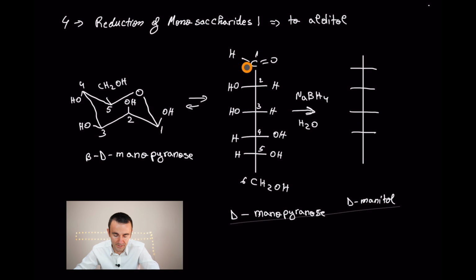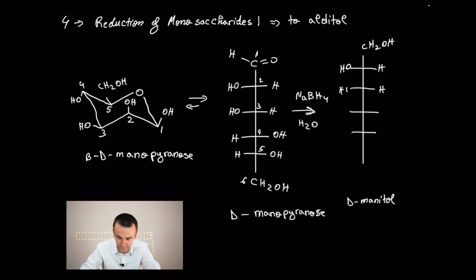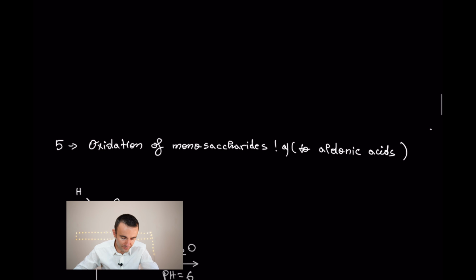We are going to reduce only the aldehyde group with sodium borohydride. Sodium borohydride converts aldehydes to alcohols, right? And the other parts remain intact. The name is D-mannitol.